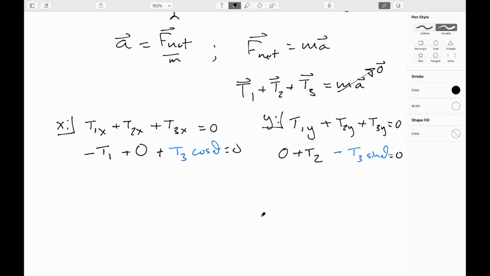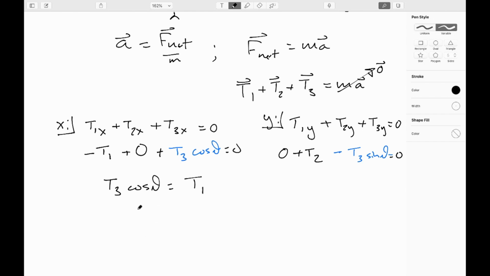So now what we can do is look at either of these and get our T3, because we happen to know both T1 and T2 in this case. So the problem's overspecified. We could have gone so far as to just say, what is T2 equal to? But let's just go with this for now. So here, T3 cosine theta would equal T1.